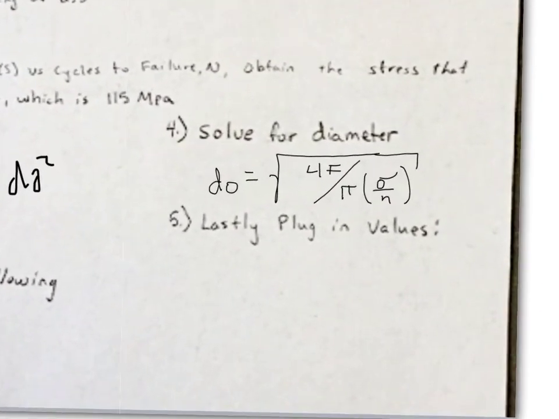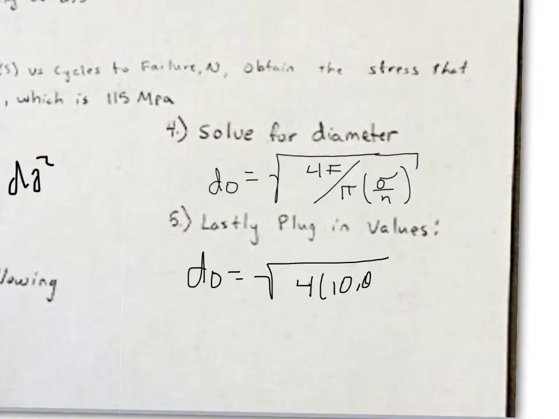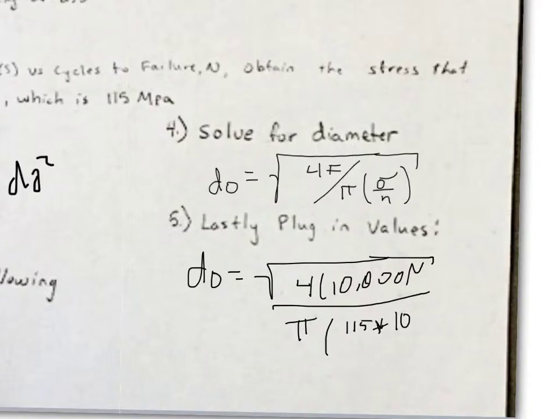And the last part of this is to plug in the knowns. So we will get d naught equals the square root of 4 times 10,000 newtons divided by pi multiplied by 115 times 10 to the 6 newtons per meter squared divided by 2.5.